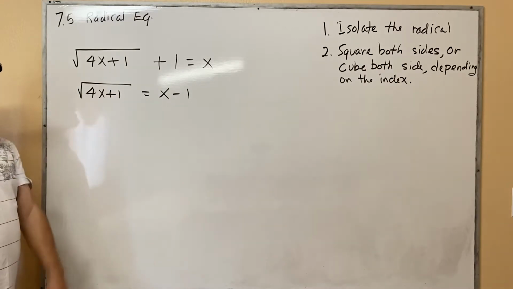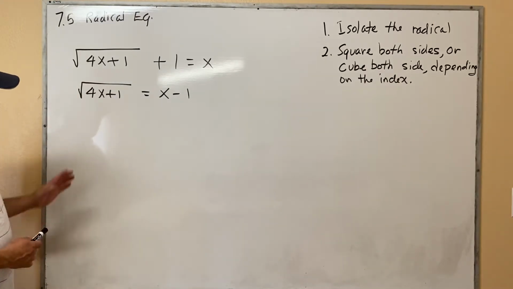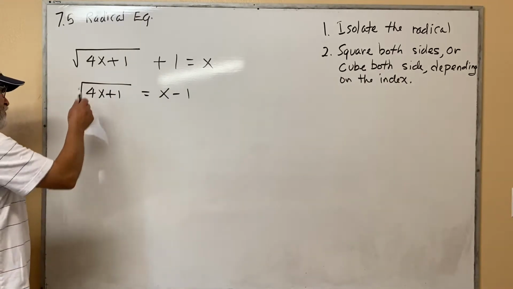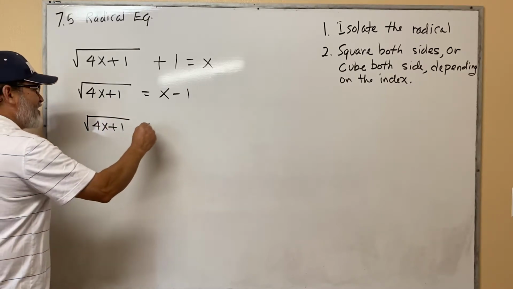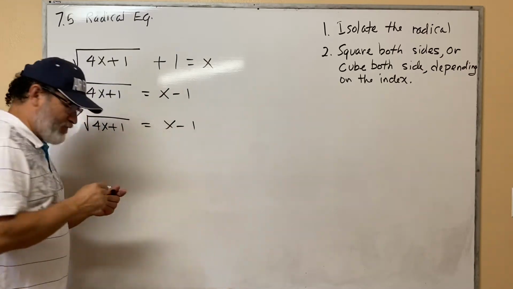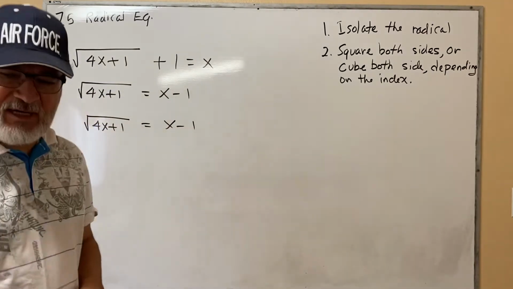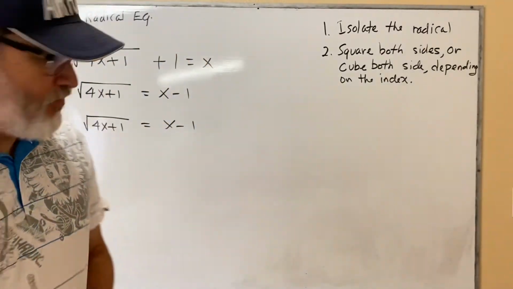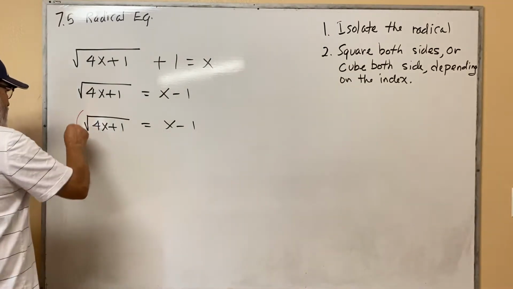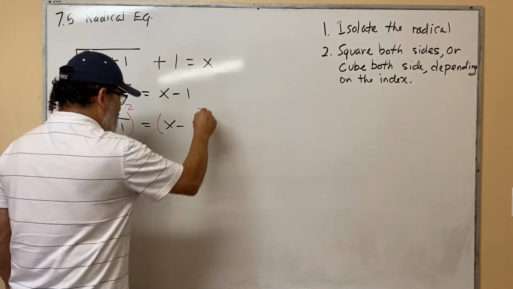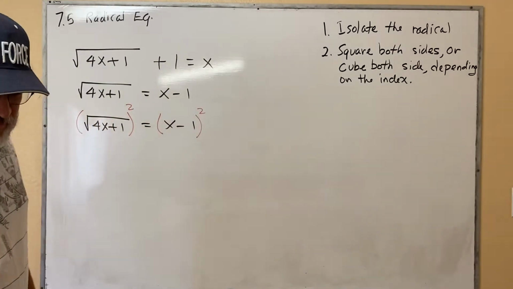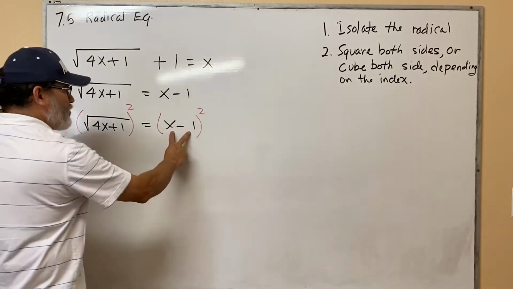Okay. So here the index is 2 because it is the square root. So I'm going to square both sides. Okay. So let me rewrite it. The square root of 4x plus 1 equals x minus 1. And I'm going to square both sides. So square this side and square this side. Note, this is a binomial.